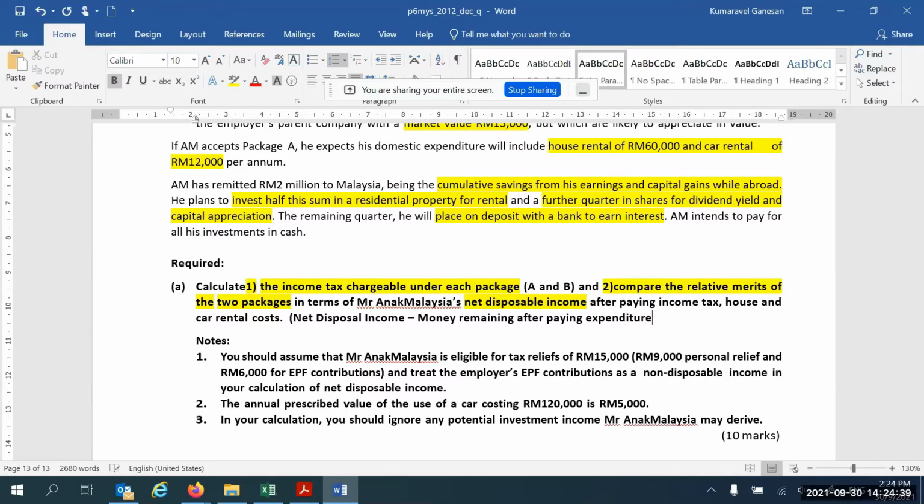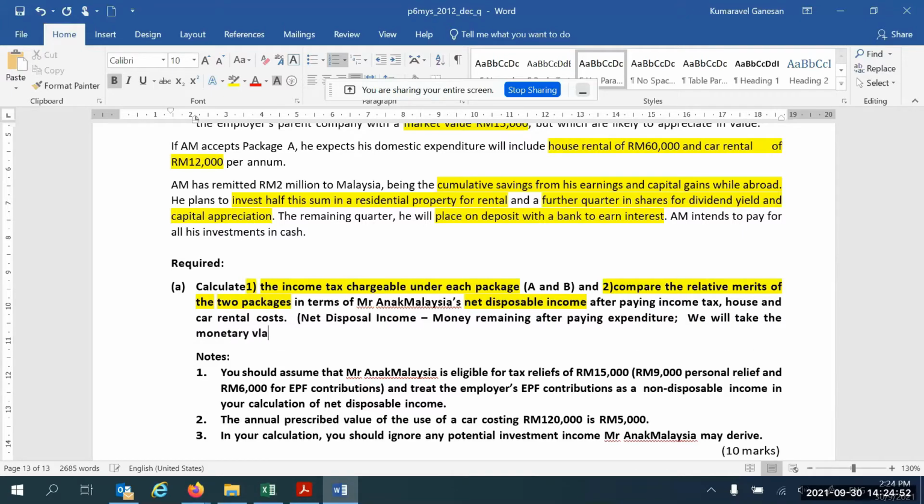So when I say net disposable income, we will take the monetary values only.